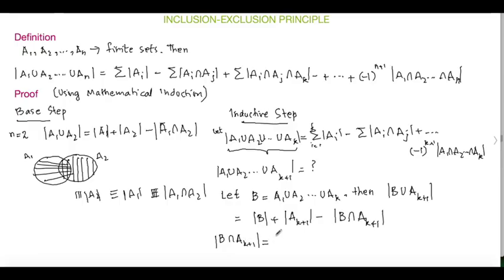This is equal to A1 intersection AK plus 1, union A2 intersection AK plus 1, union up to AK intersection AK plus 1. Okay, this is due to the distributive law.